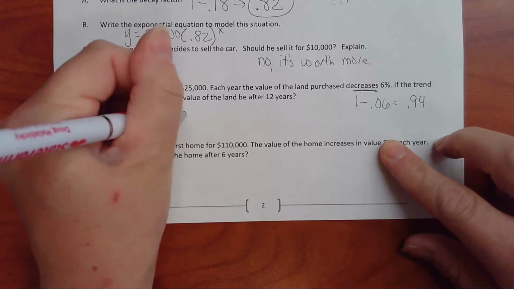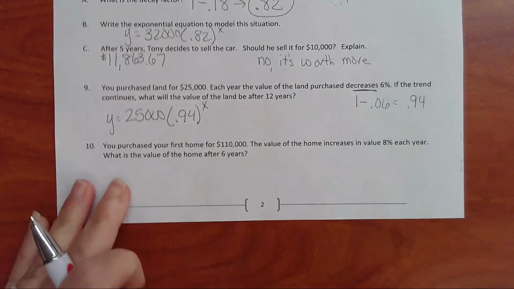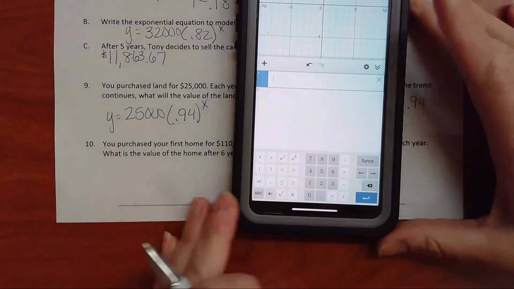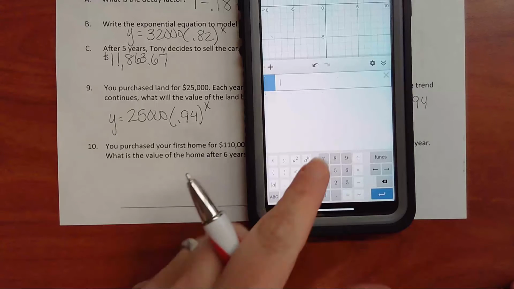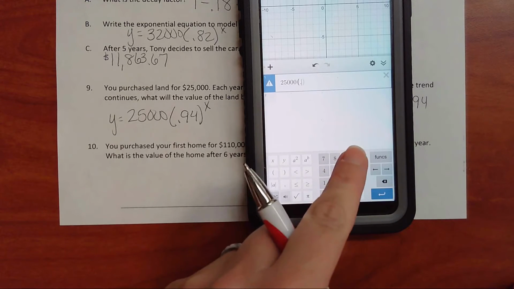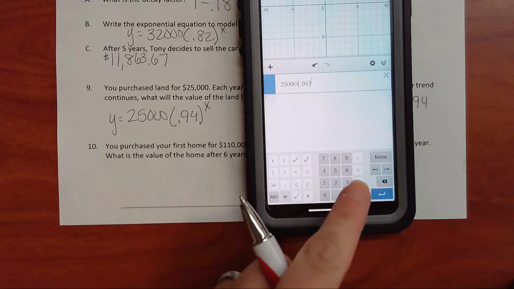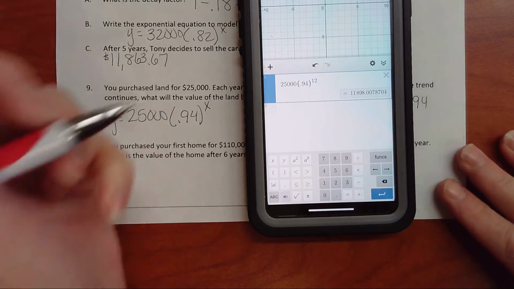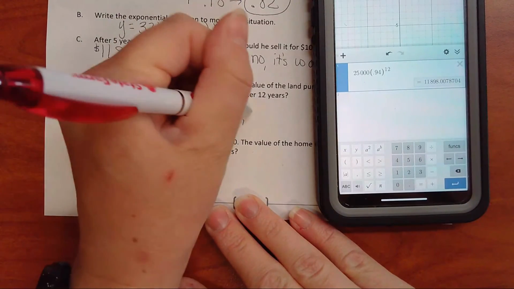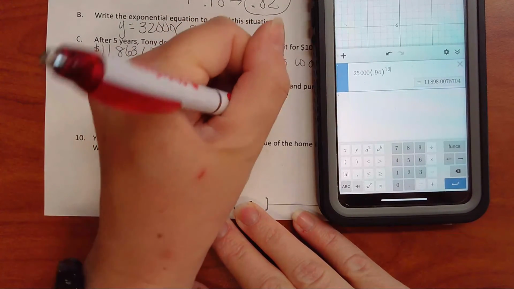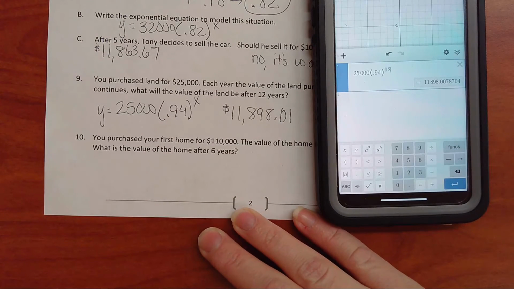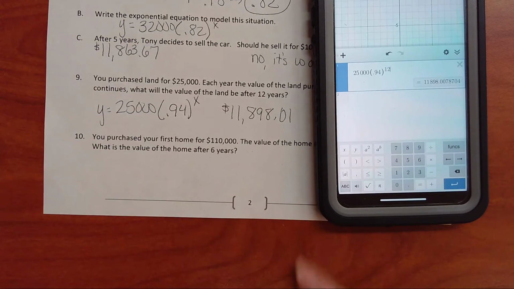So we have 0.94 to the x. And we're going to plug in 12 for x because we want to know how much it's worth after 12 years. 25,000 parentheses 0.94 to the 12th. And the land after 12 years is worth $11,898 and a penny. Because remember, money rounds to 2 decimal places.